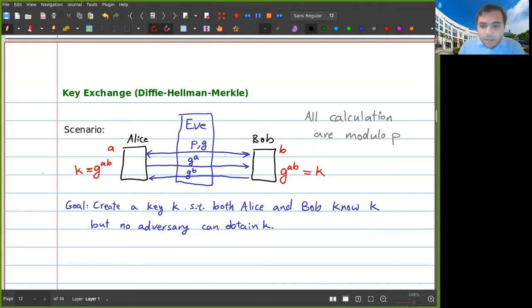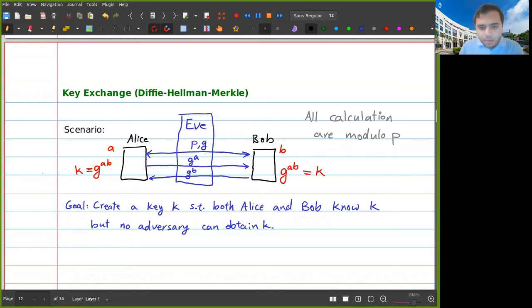And remember that we had this nice idea of key exchange, which was that both of them choose some modulus P, and they also choose some constant primitive root G. And then each one of them chooses a secret number. So Alice chooses A and Bob chooses B.